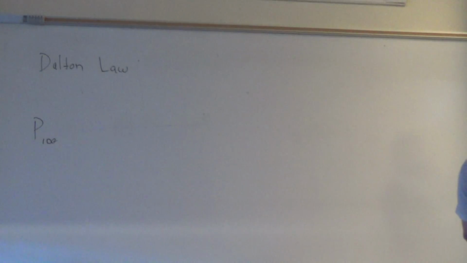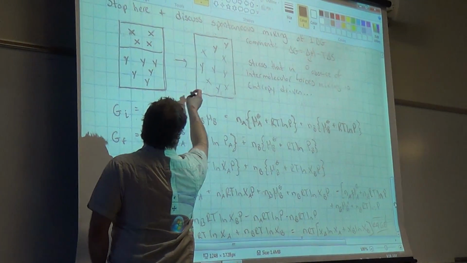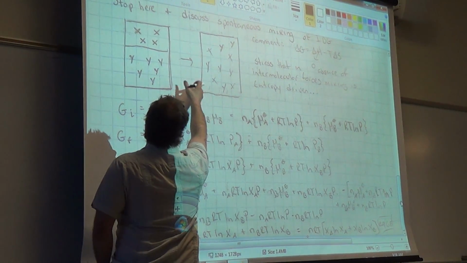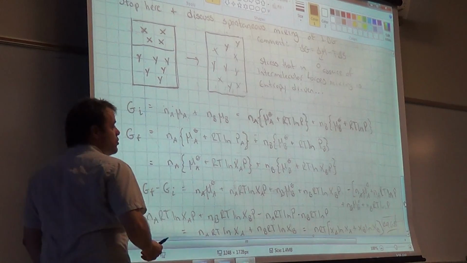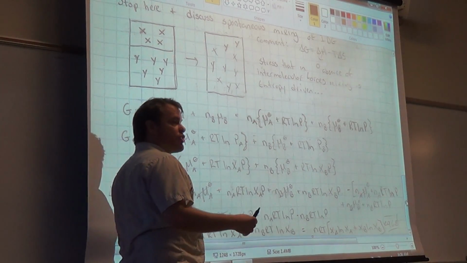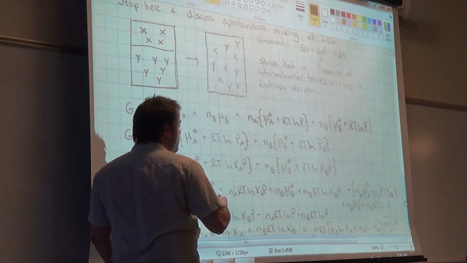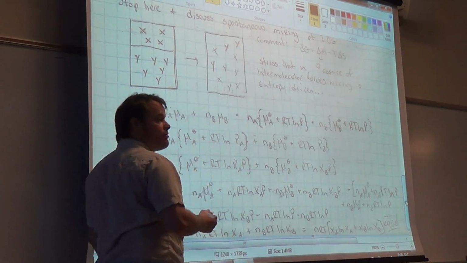So the Gibbs free energy of a gas species: if you look at the pressure that each of these gases exert when they move from one volume to another, the final pressure that they exert is going to be proportional to their mole fraction in the final volume.